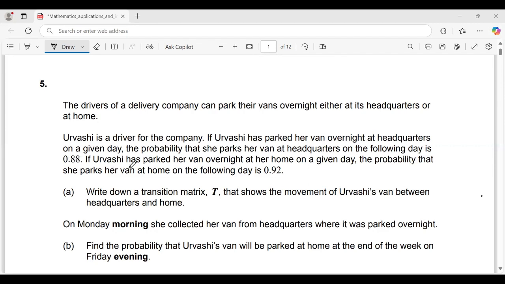If Urvashi has parked her van overnight at her home on a given day, the probability that she parks her van at home on the following day is 0.92. Write down a transition matrix T that shows the movement of Urvashi's van between headquarters and home.